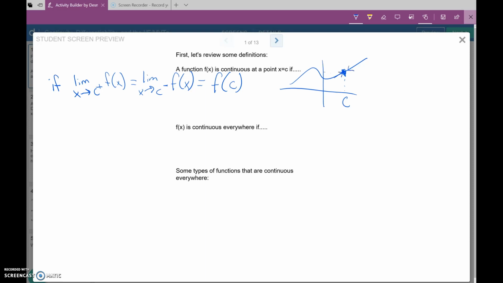As we approach from the right, we're approaching the same y value. And when we get to c, the actual y value of the function at c itself is the same as the value we were approaching. Okay, so a function f of x is continuous everywhere if this is true for all values of c.